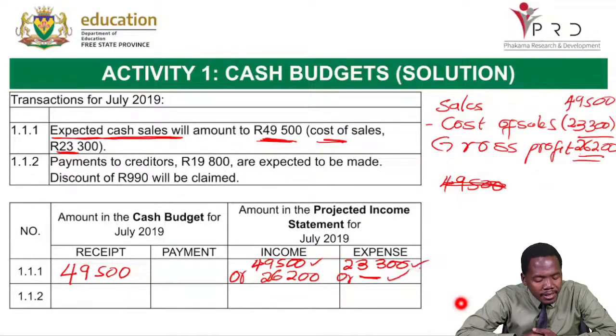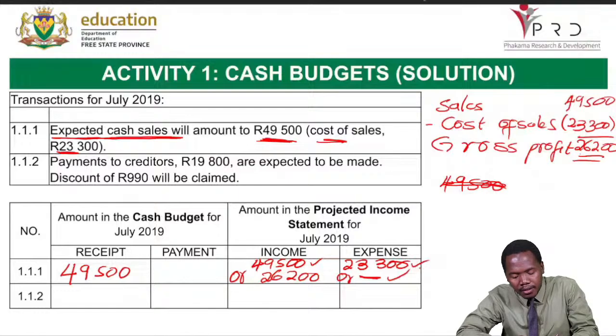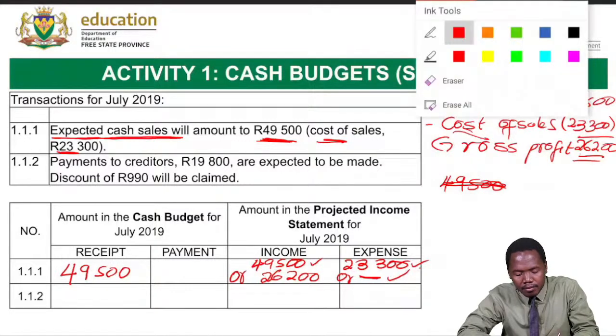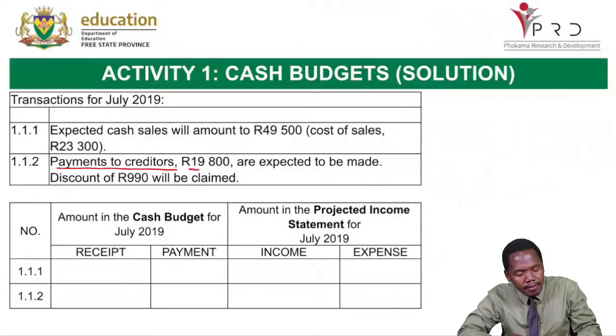1.1.2. Payments to creditors, 19,800, are expected to be made, and then the discount of 990 will be claimed. Now let us look at this one. How do we go about doing this one? With this one now, we are going to be looking at payments to creditors.